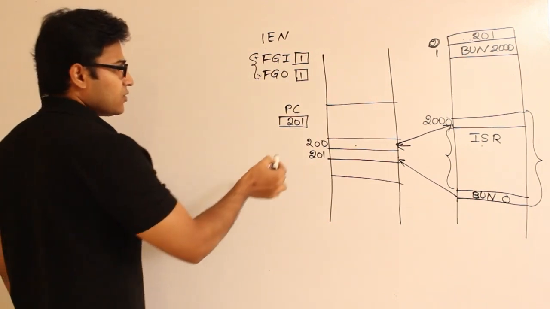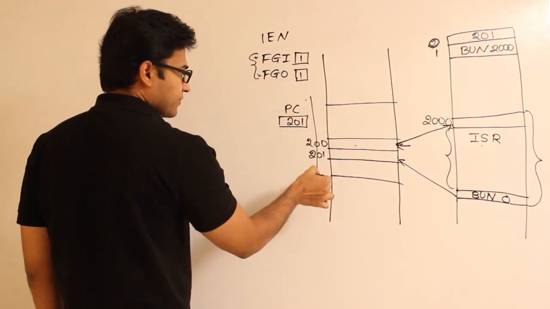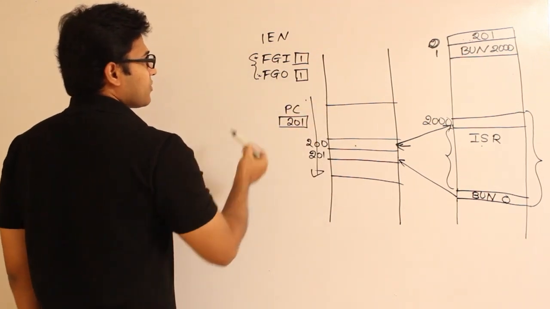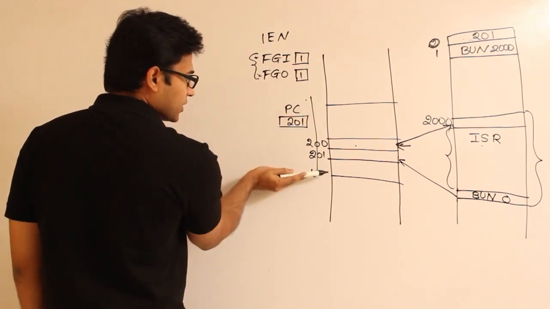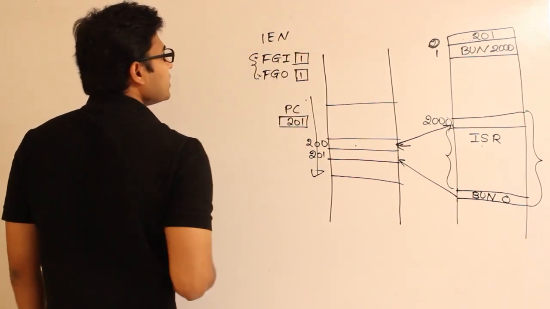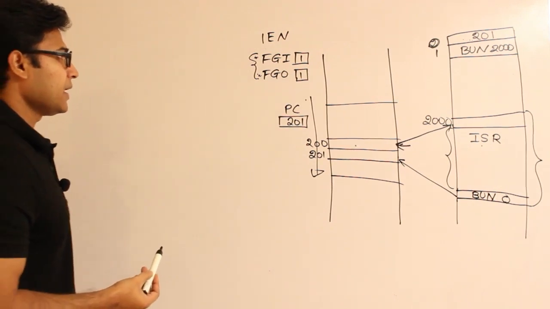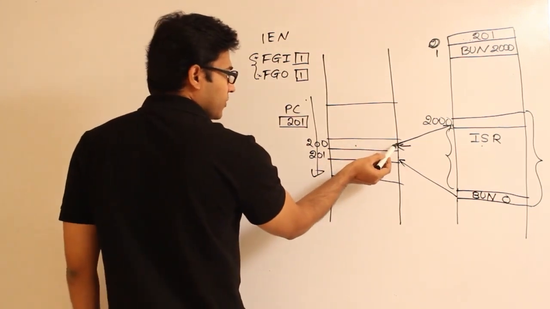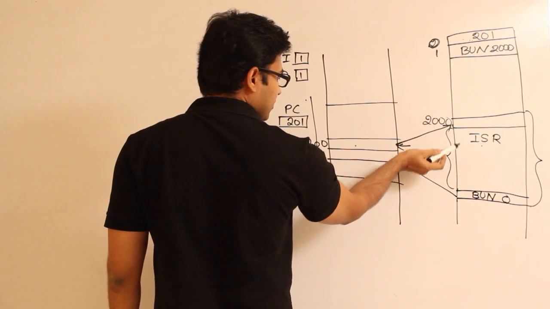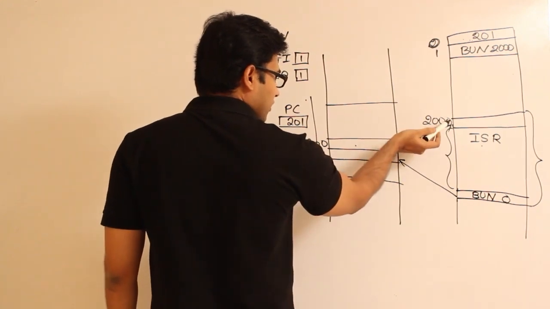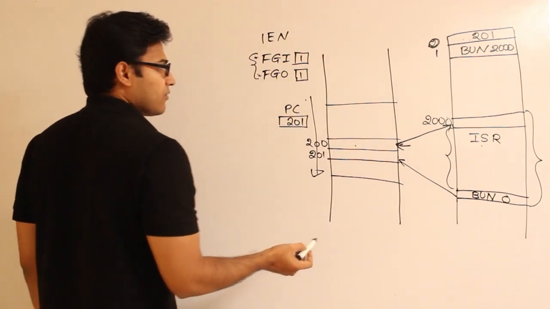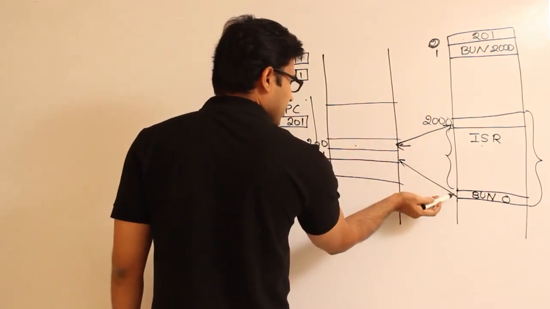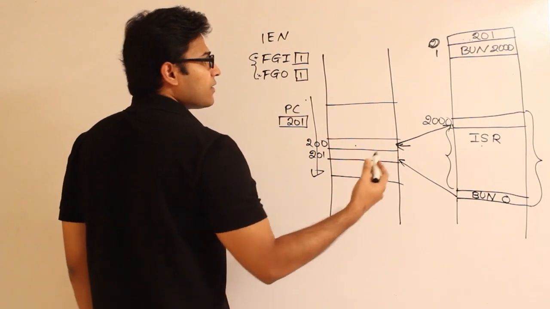When you are executing a user program like this, you are supposed to allow the interrupts. So whenever you are in user mode, IEN will be 1. Whenever you go from the user program to the interrupt service routine, in most cases we follow this: whenever you are servicing one interrupt, we don't want to get another interrupt.